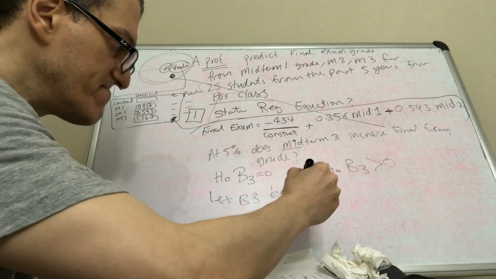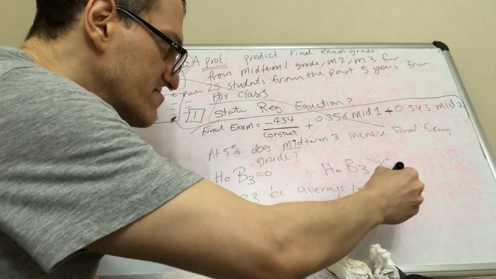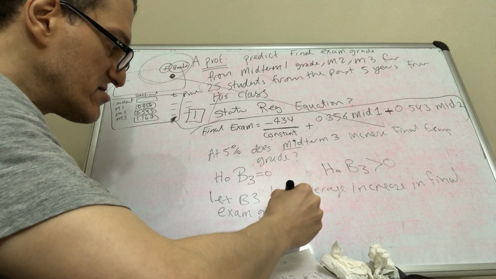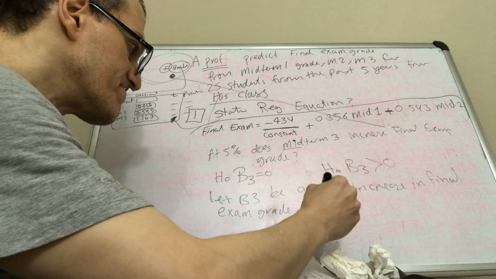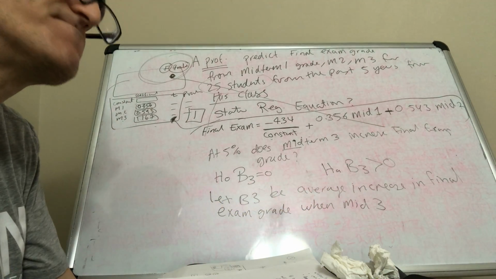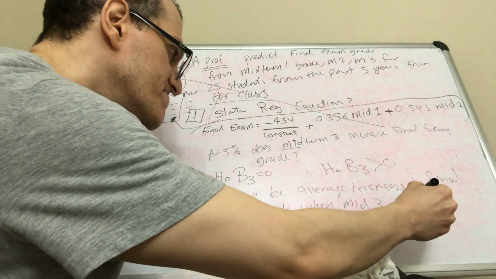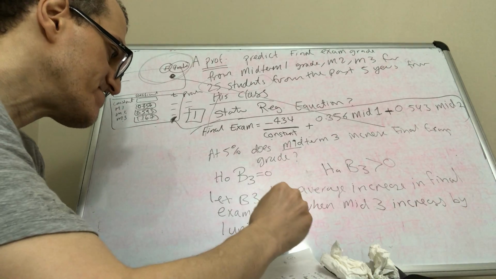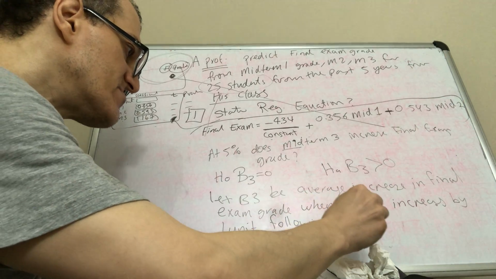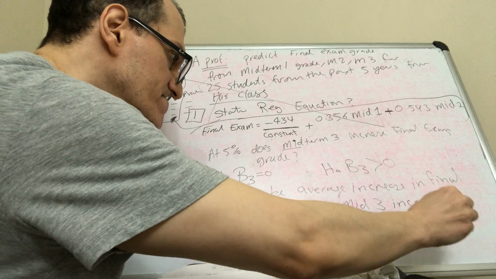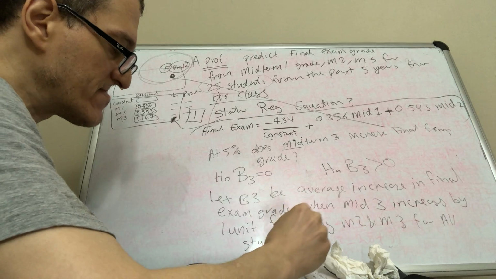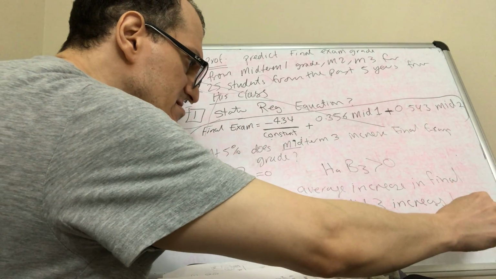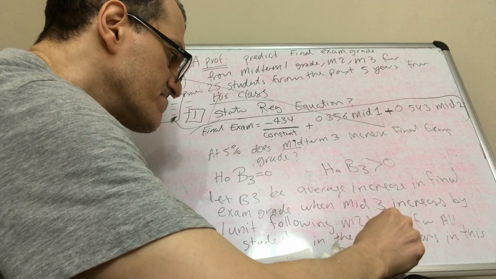Let B3 be the average increase in final exam grade when midterm 3 increases by 1 unit or 1 grade, following midterm 1 and midterm 2, for all students in the past 5 years in this professor's class.